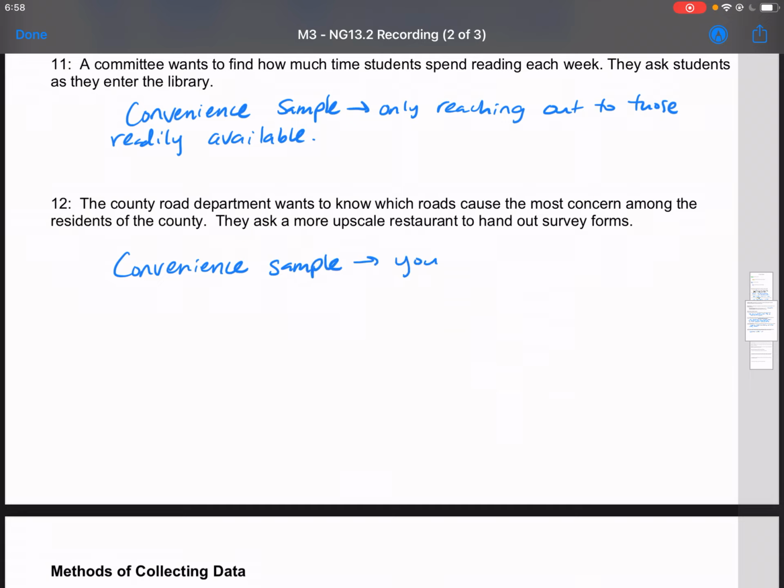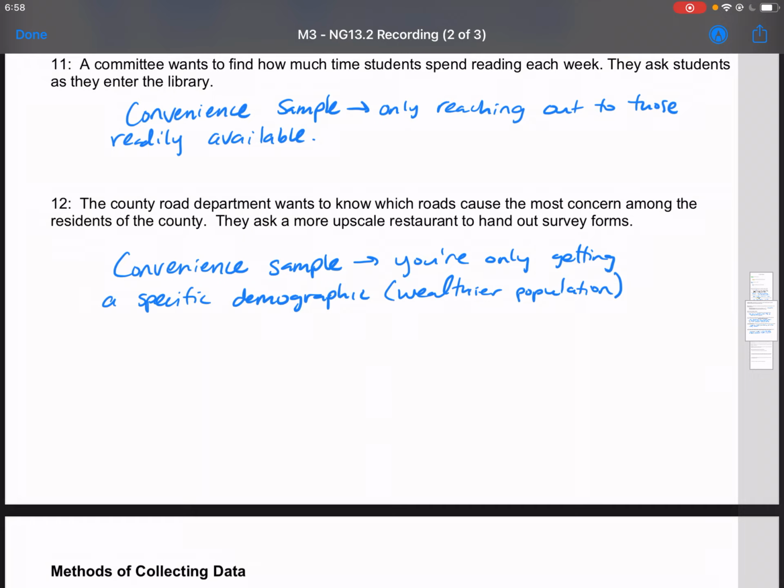So you're only getting a specific demographic, in this case probably the wealthier, more upscale population, which is going to skew your results.